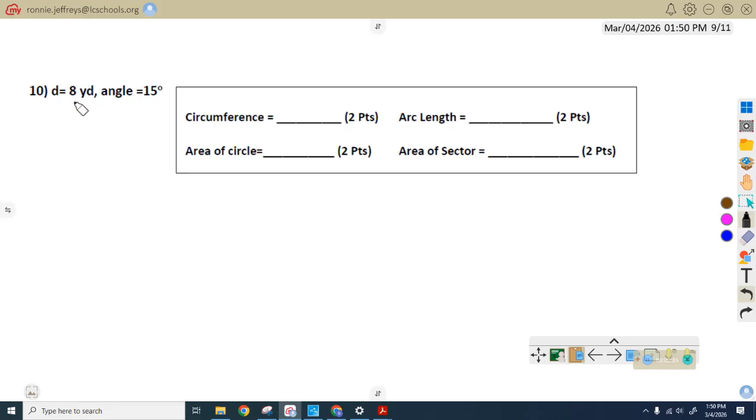All right, so if our diameter is 8, our radius would be 16, right? No, it's 4. So, arc length, 8 over 15 is 360.